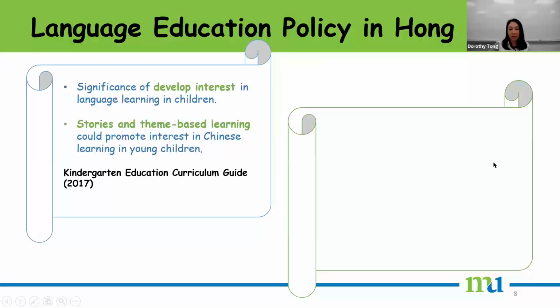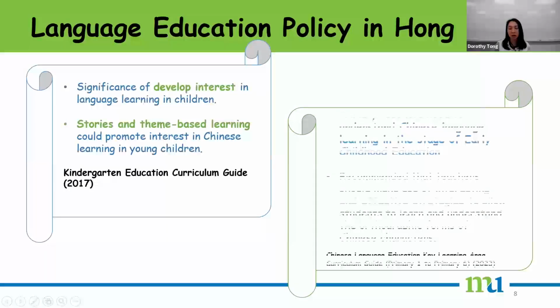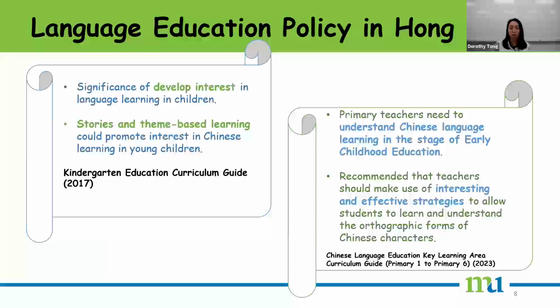And when we look at the education policy papers in Hong Kong, we looked at the kindergarten education curriculum guide on the left, and in the guide, when the Education Bureau talked about language learning for young children, they specified that teachers should develop interest in language learning. Probably a good way is through storytelling and also theme-based teaching, which is greatly adopted by kindergartens in Hong Kong.